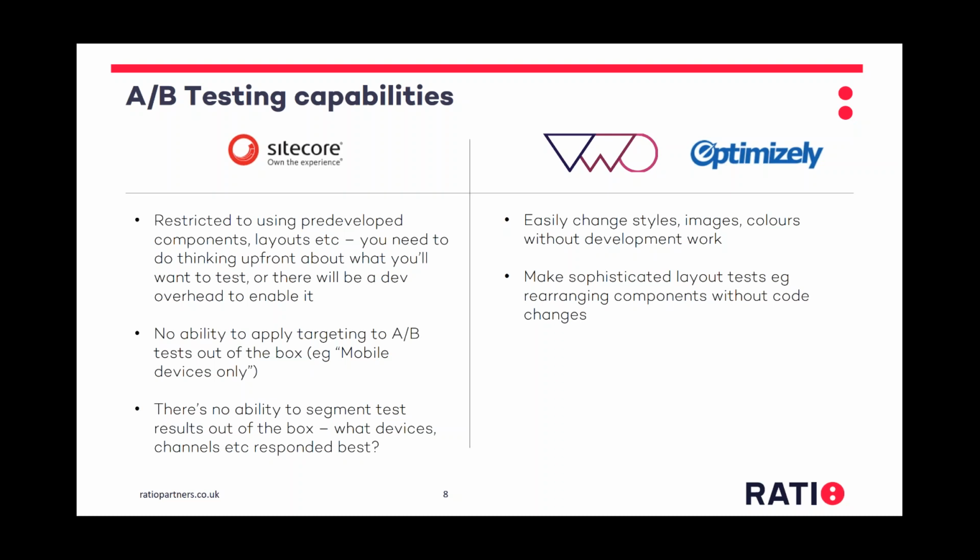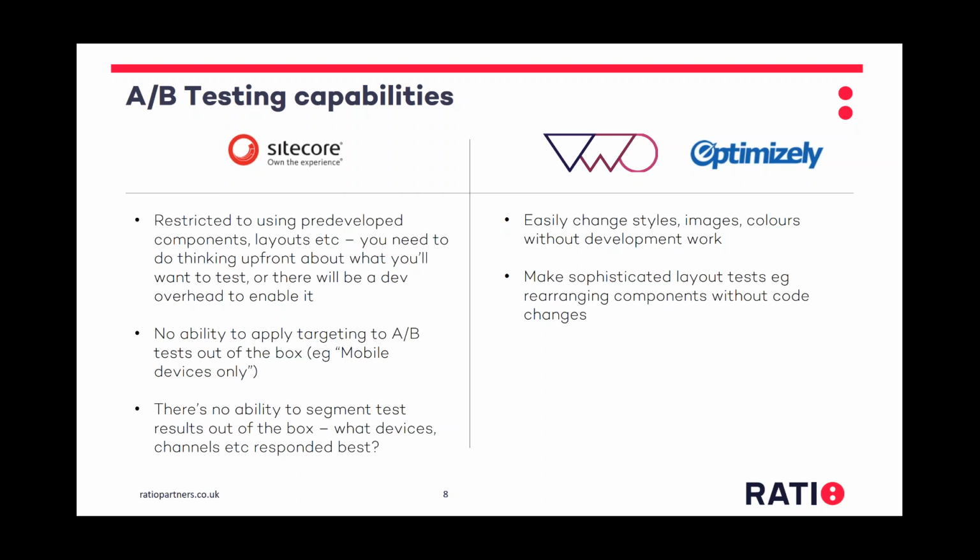And testing velocity basically means over a given period of time, 1 month, 2 months, 3 months, how many effective tests were you actually able to run? You can imagine that the more tests you're able to get off the ground, the more likelihood of a winning test, the more learnings you'll be able to have from those completed tests. And so testing velocity is a great metric to understand how well your testing program is doing.